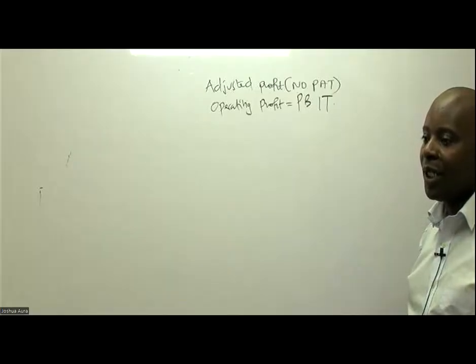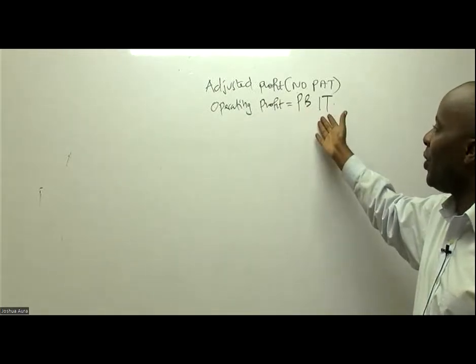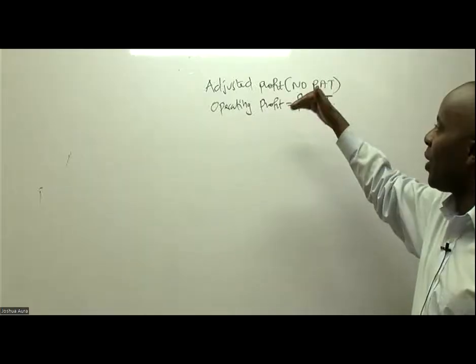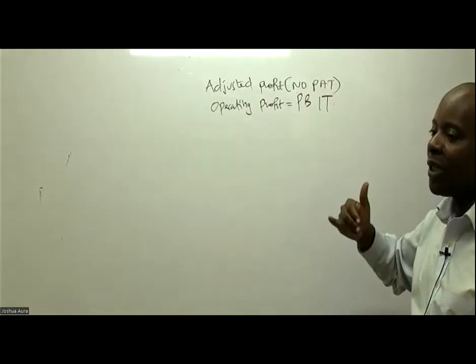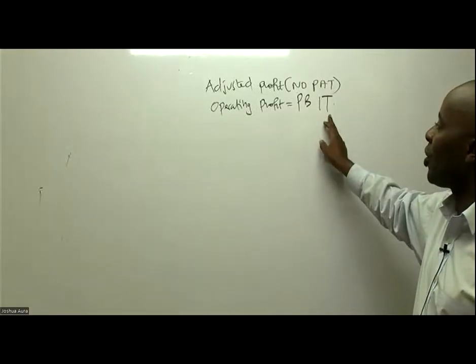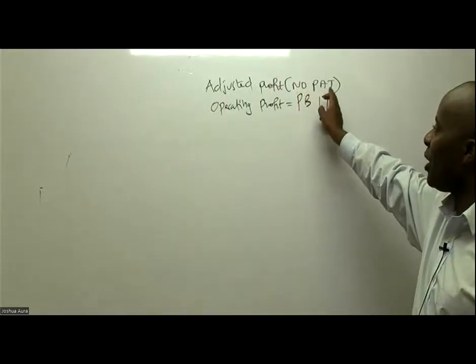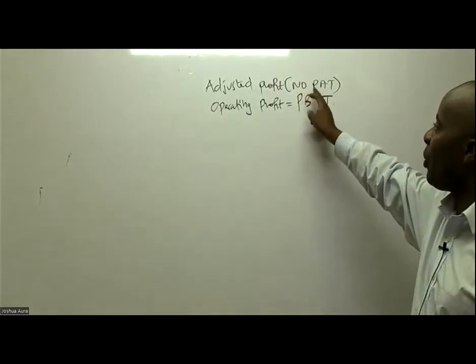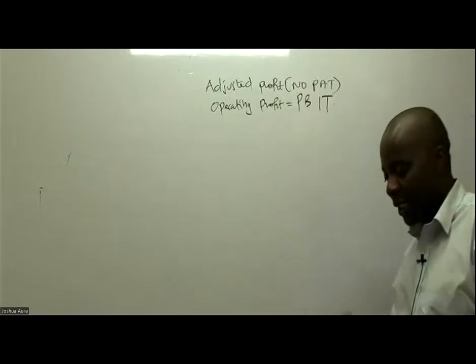Actually, what you're supposed to do to get this PBIT is very easy: just look at all the items affecting our profitability and leave out the interest and the tax. But later on, of course, it will be required to adjust for tax to get net operating profit after tax, so we will come in and less the tax aspect. Now listen to me very well.